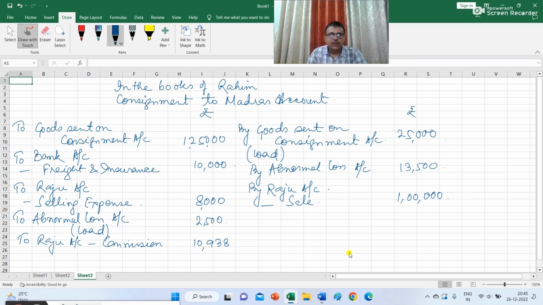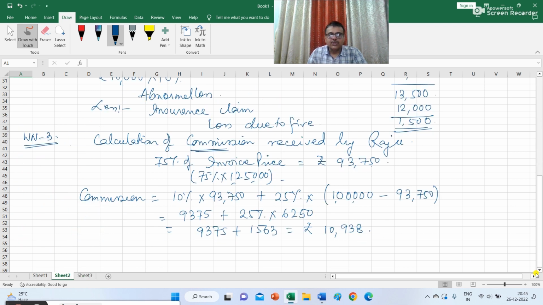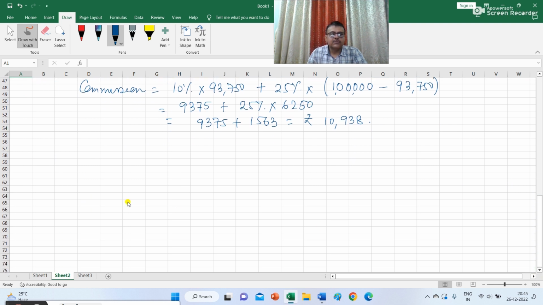10,938. Now I have to calculate the amount of closing stock. So the amount of closing stock, I have to show it in working note number 4. So I have to write in working note number 4 calculation of closing stock. So it is given that 75% was sold by Raju, 10% got destroyed by fire.